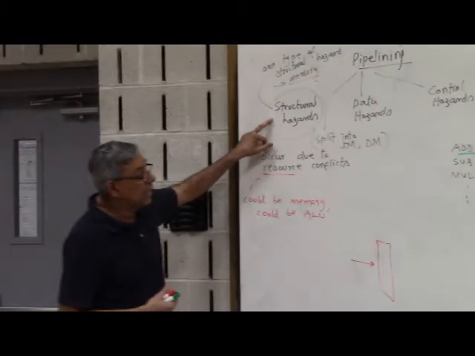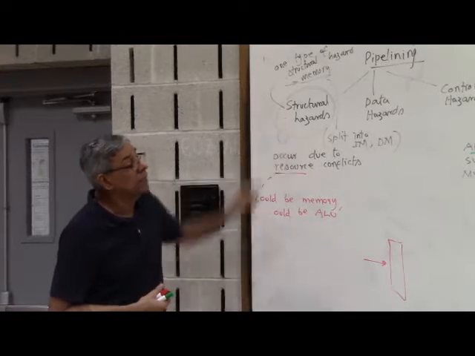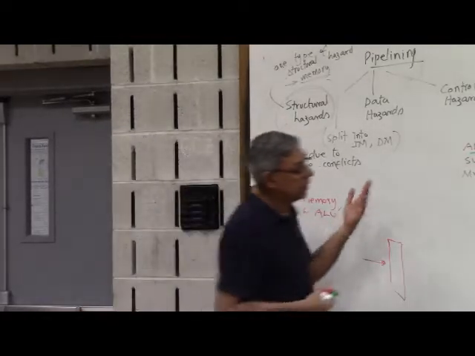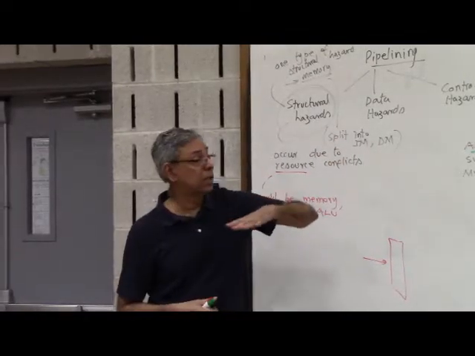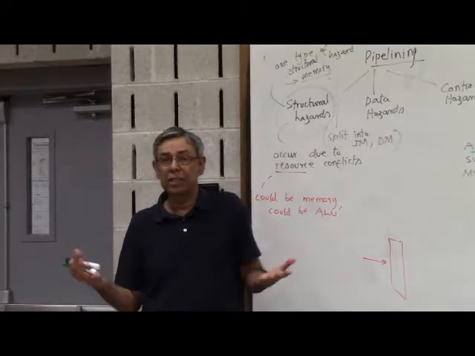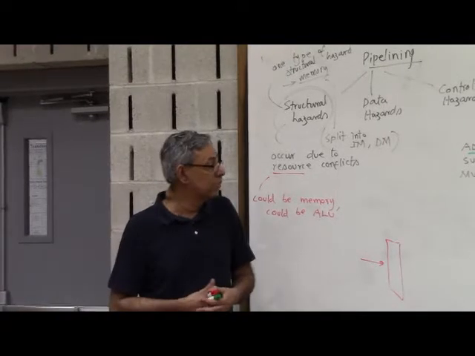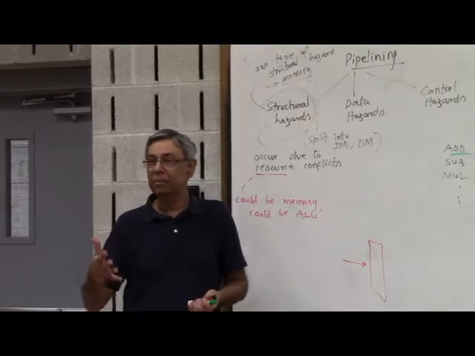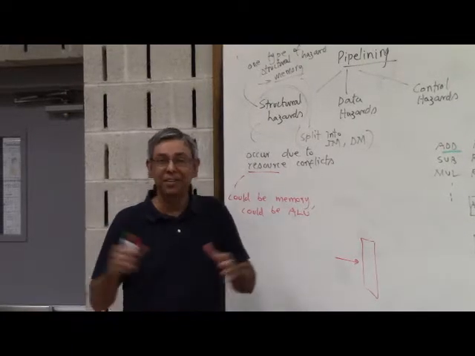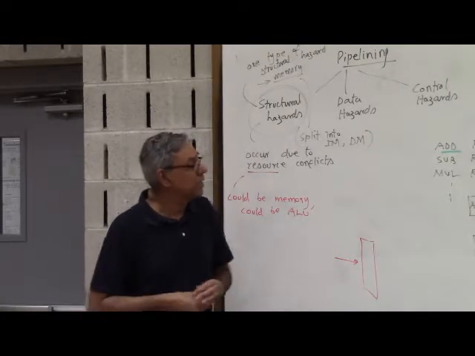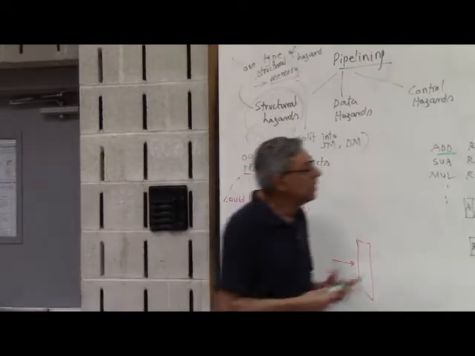So that's one more example of a structural hazard. One option is just leave the stall and let it continue, but then nobody will buy our CPU because it will be too slow. This is like AMD versus Intel CPUs, continuously fighting over which CPU is faster, right?